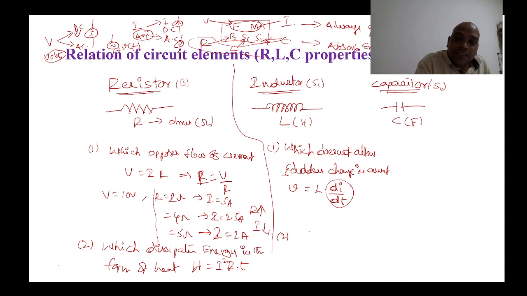And another property here: what does the inductor do? It stores energy. Resistor is the brother, who always dissipates, always wastes the money. But the inductor, the sister, always saves the money, stores the money. Sister one saves the money in Canara Bank, sister two saves the money in SBI, but ultimately sisters are saving the money.